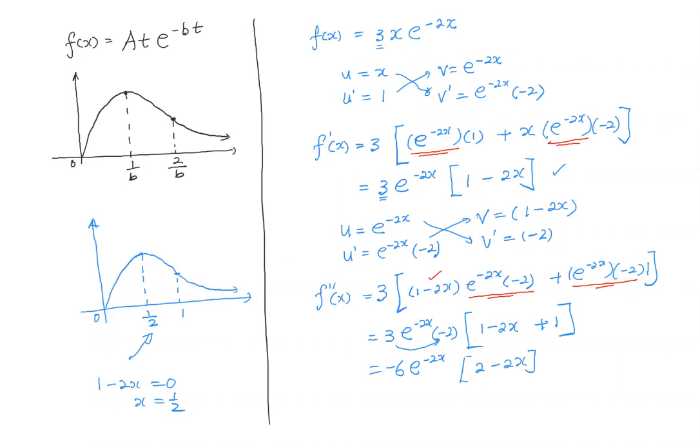So how do I get that? I get that because inflection point happens when f double prime x equal to 0. So 2 minus 2x equal to 0. So x equal to 1. This is f double prime x equal to 0. This is f prime x equal to 0.